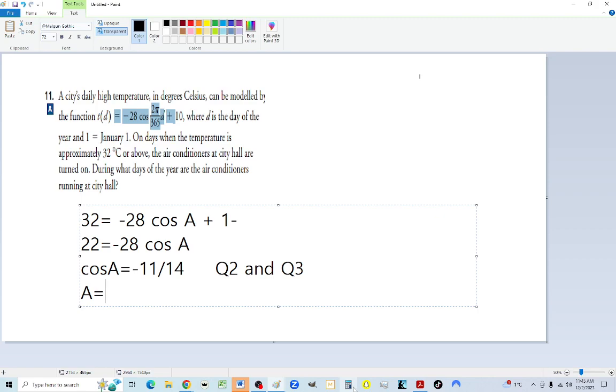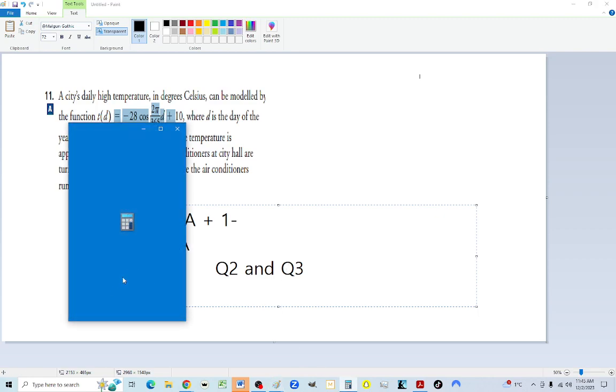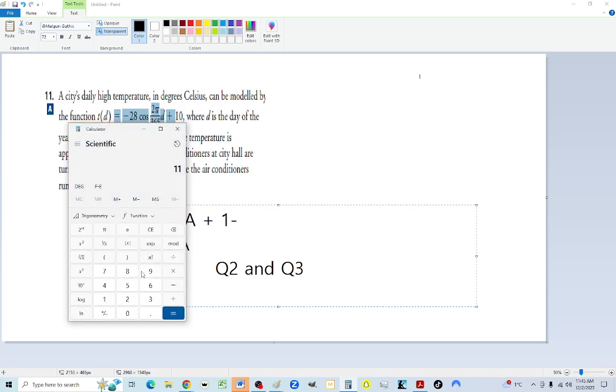Okay, so let's just find the angle. And let's take negative 14. There. This will be quadrant 2. And we discover this many radians.